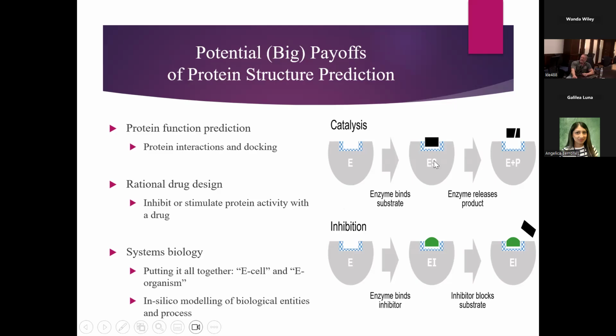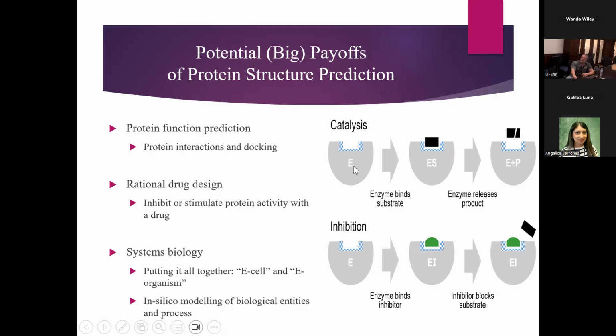The enzyme binds the substrate, and then once you have this binding event, you get some kind of a conformational change in the final protein product, and now this protein is either turned on or turned off, and it will go out and carry out its function. We can also have enzymes that when they bind to a substance will turn them off. We call these inhibitors.